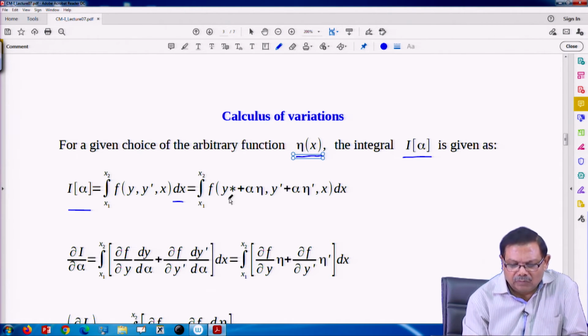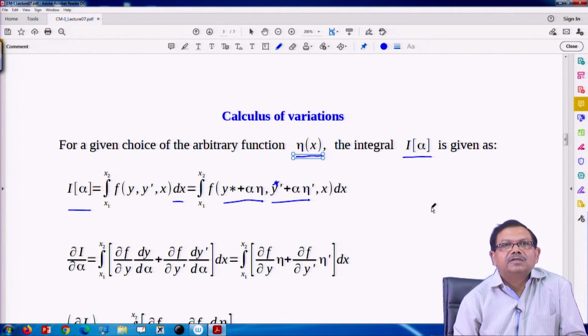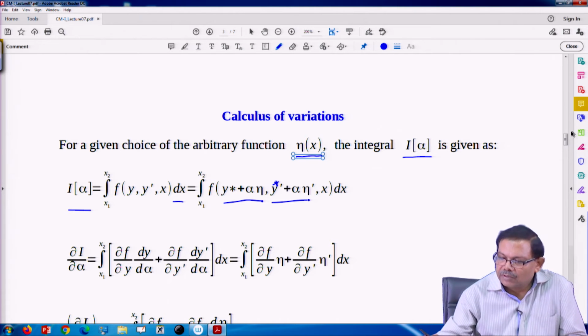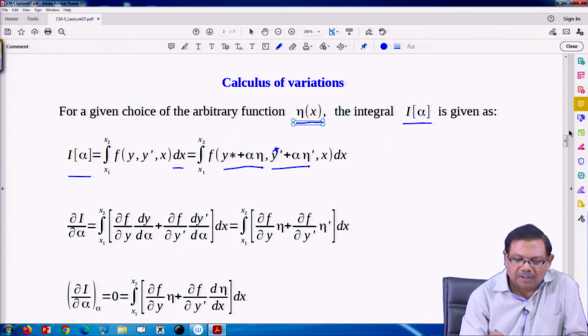But y is y star plus alpha times eta, and y prime is y star prime plus alpha eta prime, as functions of x. So, this is the value of I in terms of alpha.